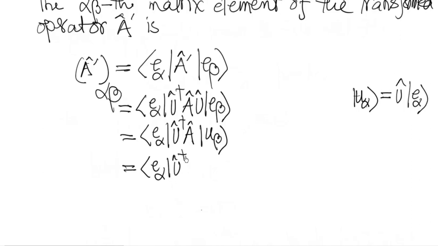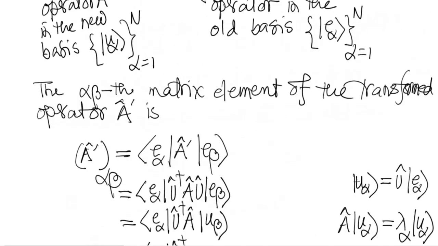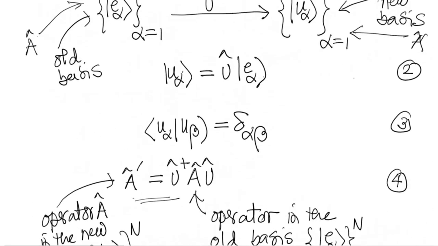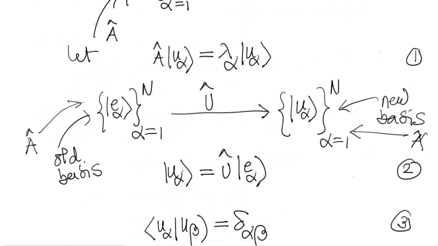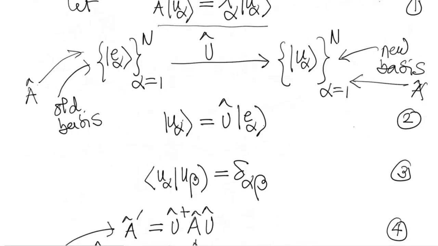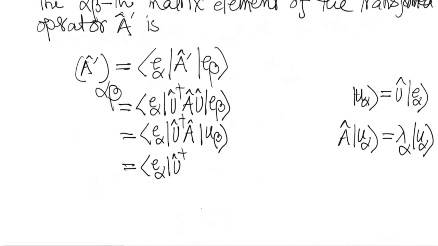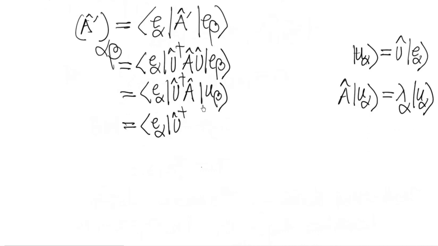Okay, now we have A ket U alpha equal to lambda alpha ket U alpha. This is the eigenvalue equation that we considered at the beginning. You see equation 1, this equation. So just instead of the index alpha, we have here the index beta.